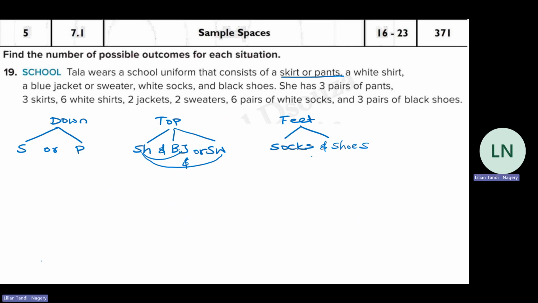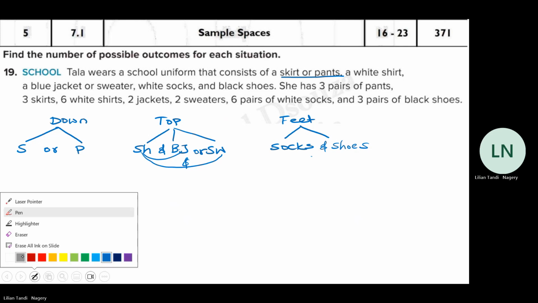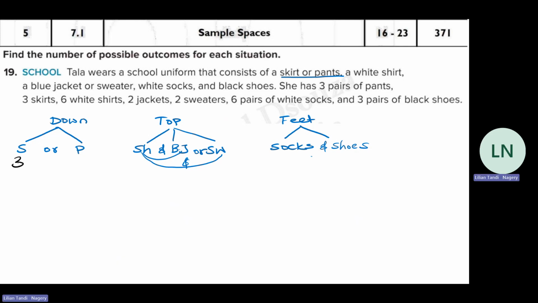Now, let us write our numbers. 3 skirts, 3 pairs of pants, 6 white shirts, 2 jackets, 2 sweaters, 6 pairs of socks, and 3 pairs of shoes.